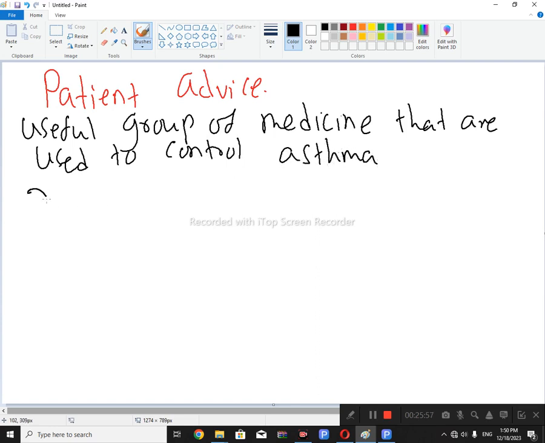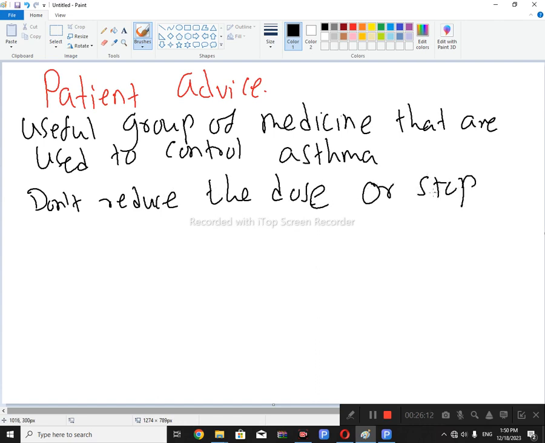Don't reduce the dose or stop the medicine on your own.